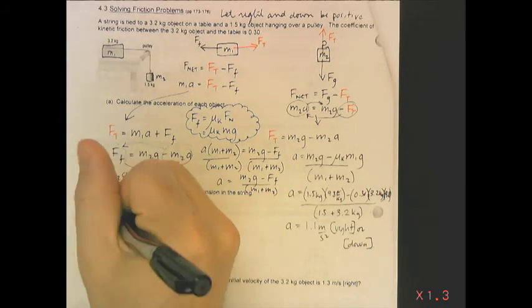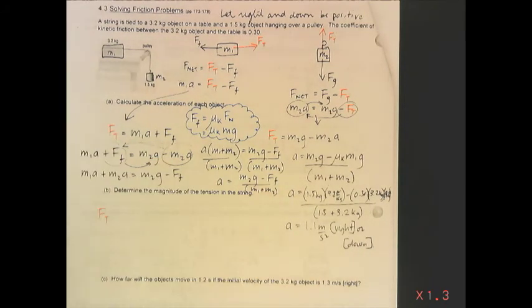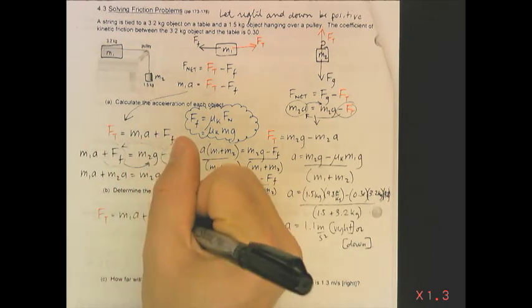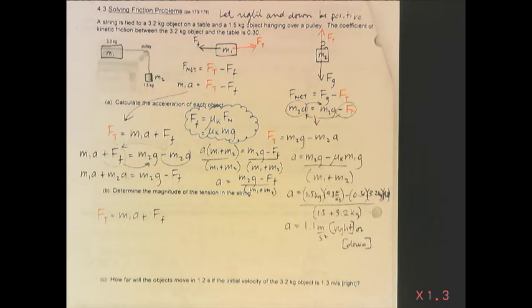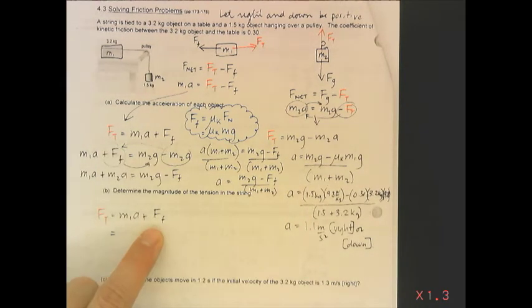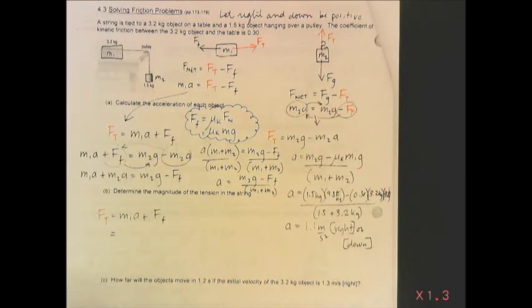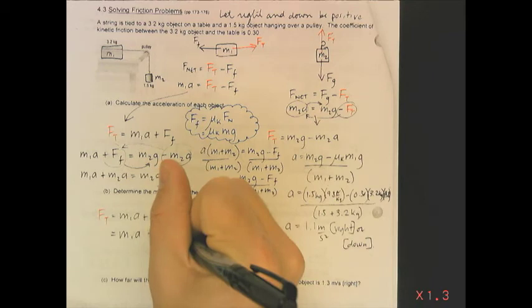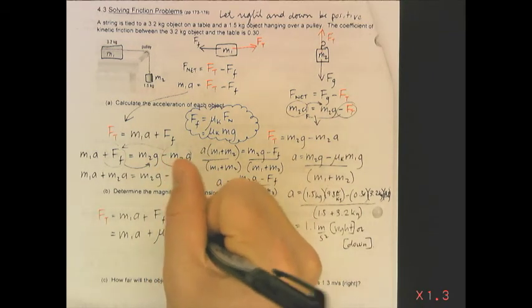Tension is equal to M1A plus the force of friction. The force of friction, from yesterday's note, can be calculated using the coefficient times the normal force.